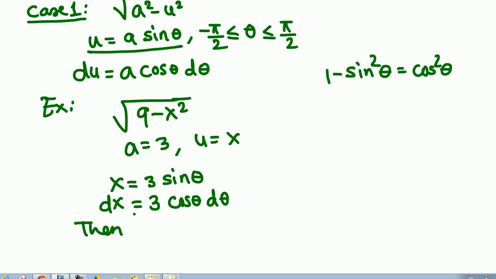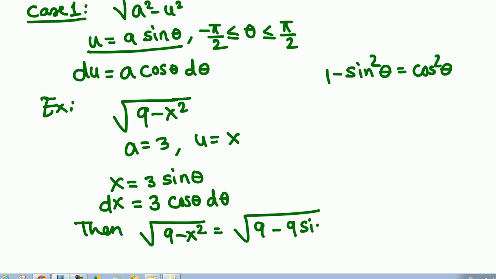Then the square root of 9 minus x squared: x is 3 sine theta, so 3 sine theta quantity squared is 9 sine squared theta, and we can factor out 9, which leaves 1 minus sine squared theta.